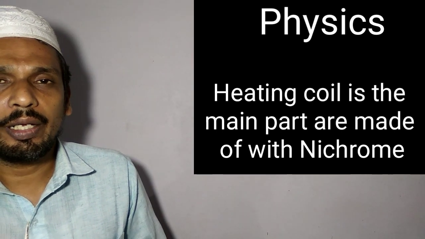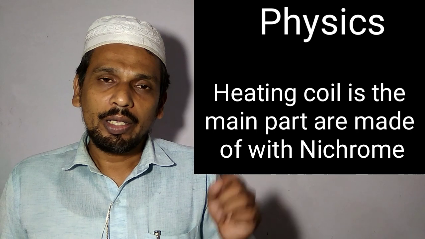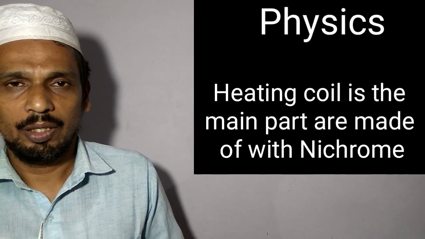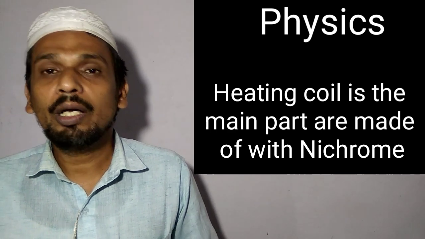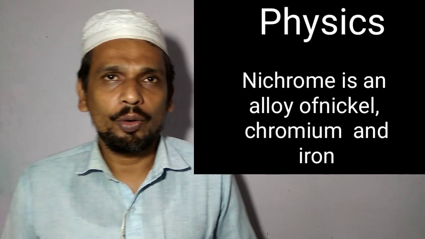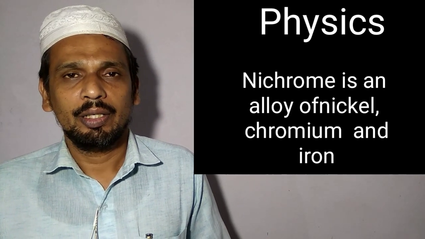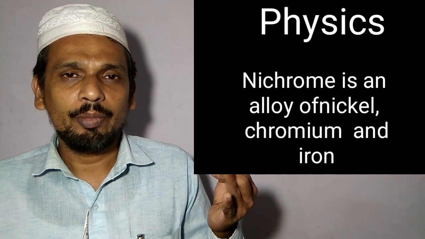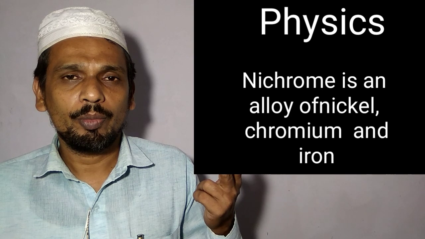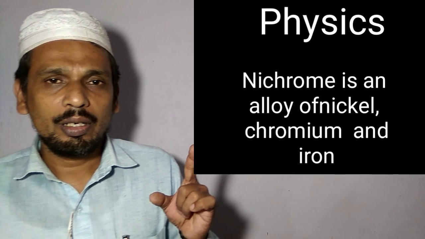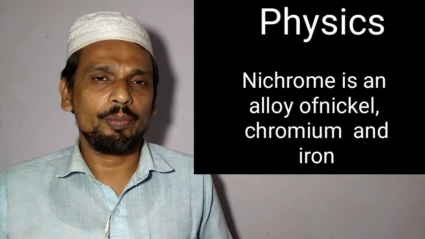In all heating appliances, the important part is the heating coil. The heating coil is made of nichrome. Nichrome is an alloy of nickel, chromium, and iron. In the word nichrome, we have two metal names, nickel and chromium, and also iron. Nickel, chromium, and iron are the components of nichrome.